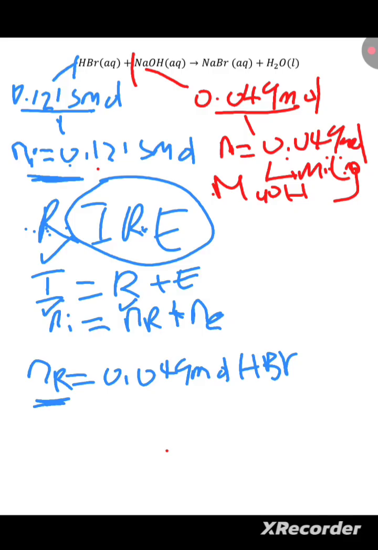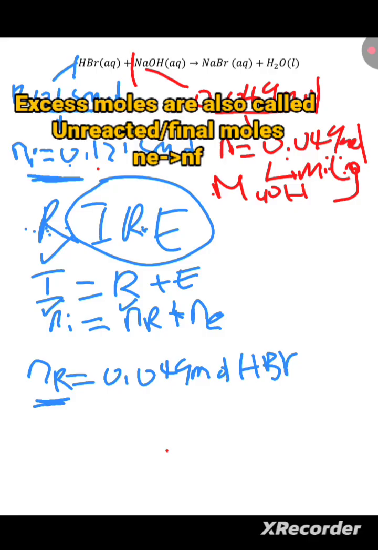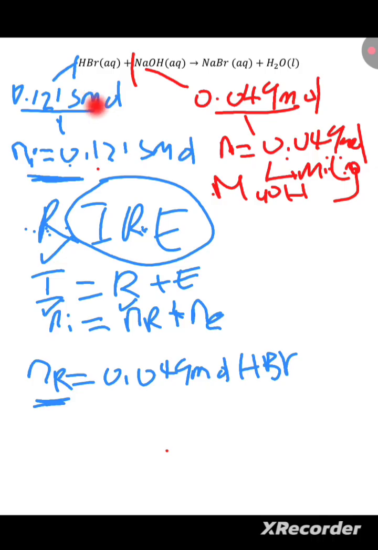Okay. Now, for the excess reactant, these were the initial number of moles. So 0.1215 is equal to the reacted.